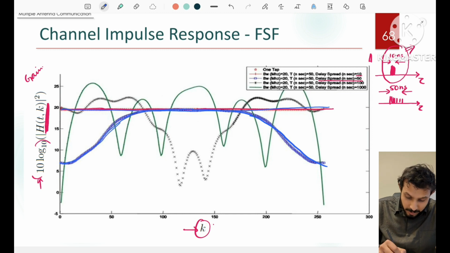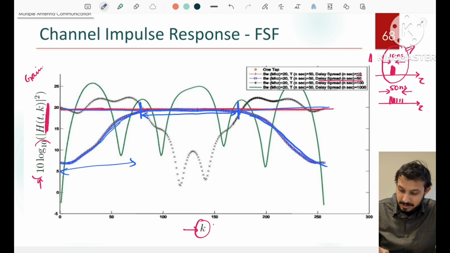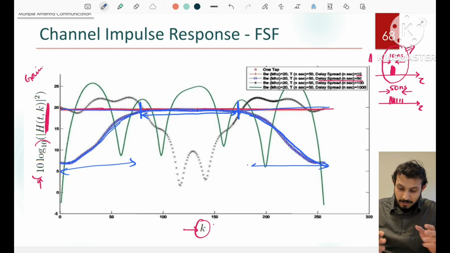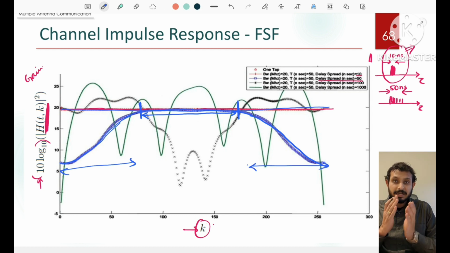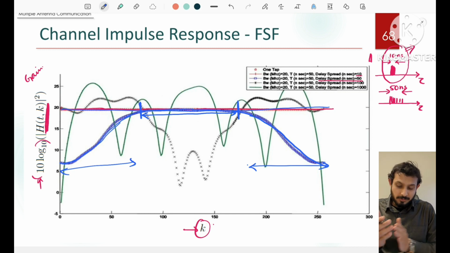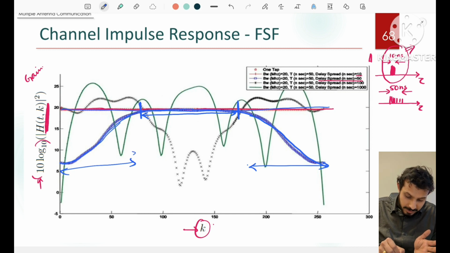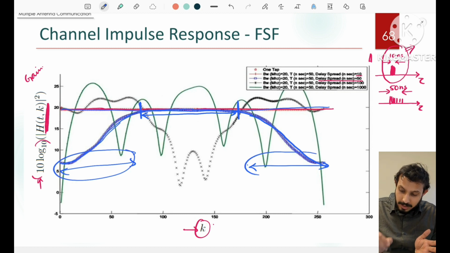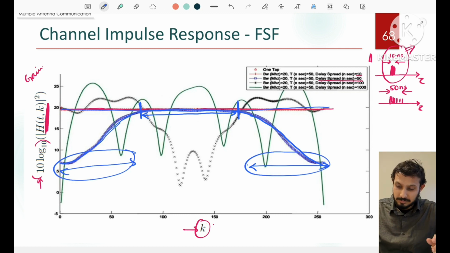Instead, for some band of frequencies the response is flat, whereas for other frequencies it is not. So we can say there is a selectivity: a certain proportion of the signal is getting passed, whereas certain portions of the signal, like this one and this one, are getting highly attenuated.